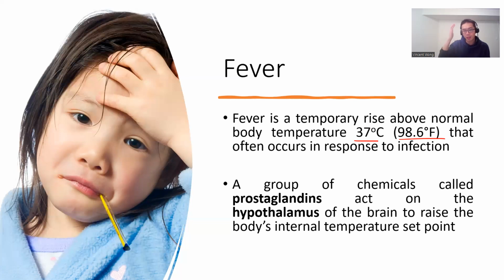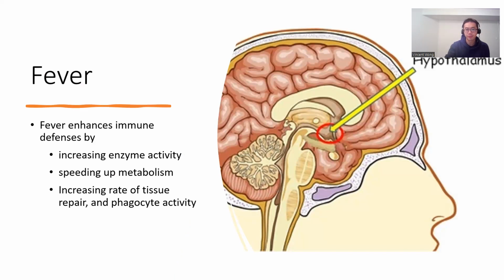There is a part of the brain which controls body temperature. It is called the hypothalamus. The hypothalamus will release a group of chemicals called prostaglandin that will cause the temperature to go up, basically.